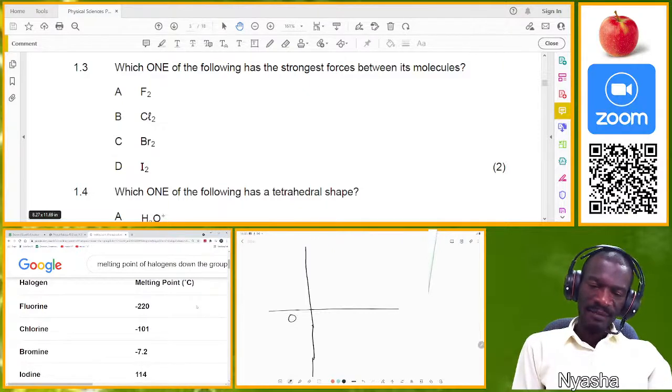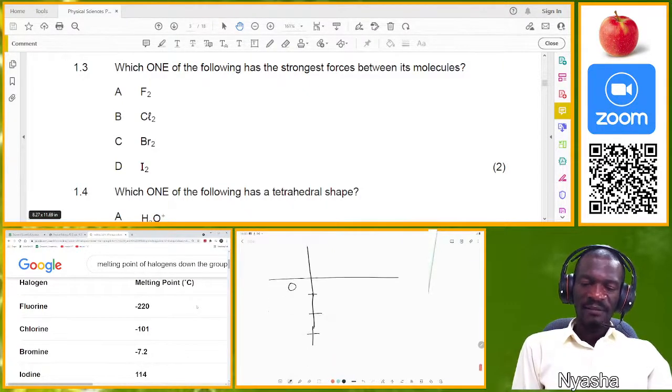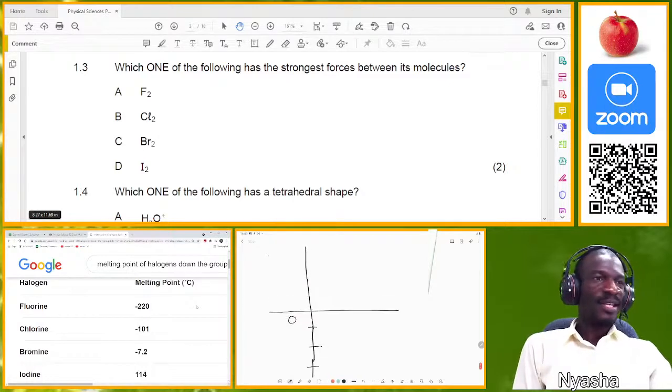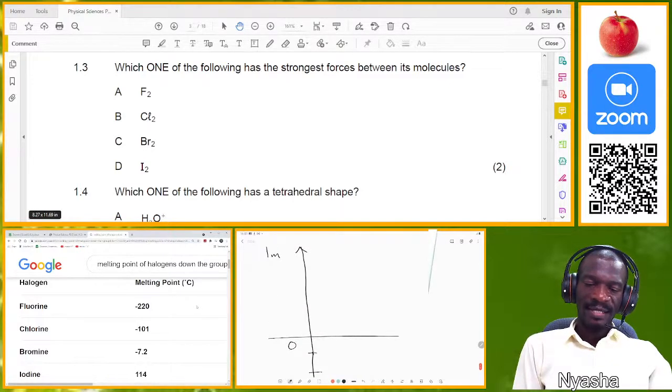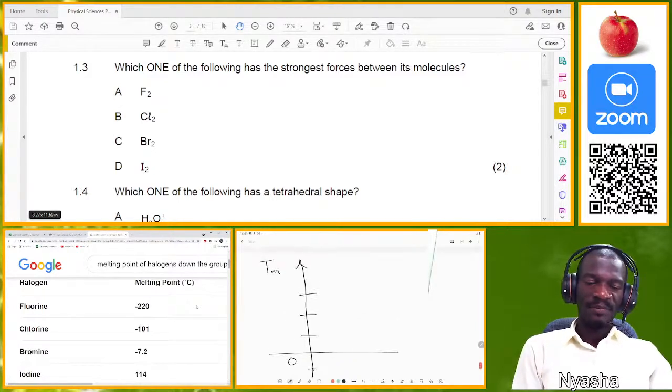So this is a step of minus 50, minus 100, minus 150, minus 200, and then minus 250. Then up the scale, it has 50, 100, 150, which may not be necessary now.